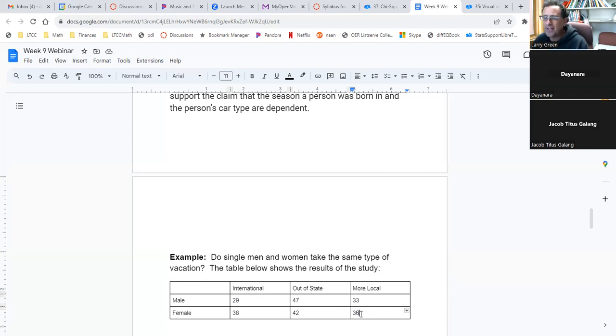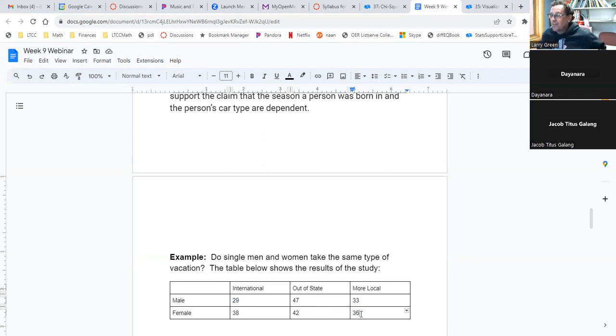Okay, this is different than asking if the two things are independent. So this is one of those where the way the question is asked is important. It's not just the table. And here we want to say, are men and women the same when it comes to the vacation type that they take?